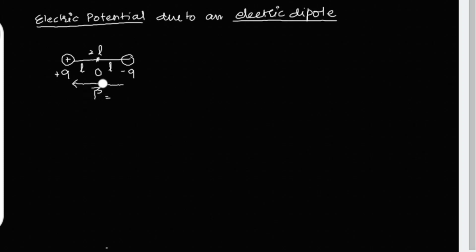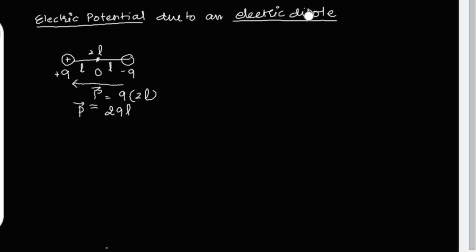It is the magnitude of one charge into the distance between the two charges, that is 2L. So the magnitude of P is q into 2L, that is, 2qL equals P.